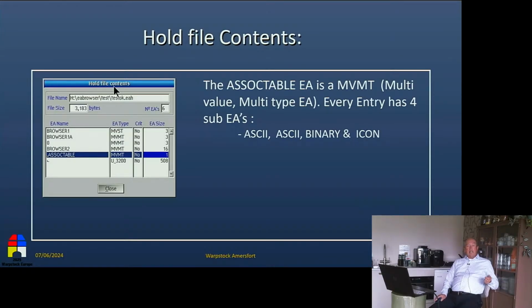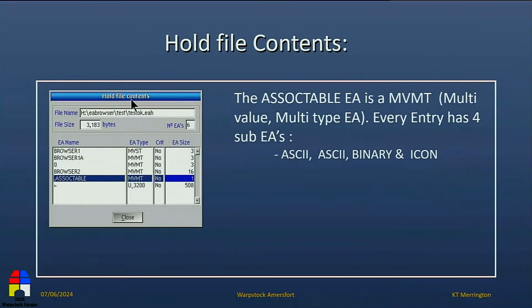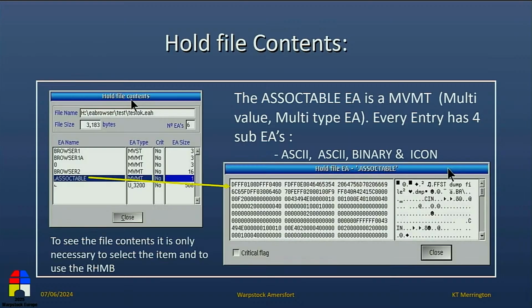As I said earlier, the ASOC EA, which is one of the main ones which has an MVMT, a multi-value, multi-type EA, always has 4 sub-EAs: ASCII, ASCII, binary, and an icon. If you use the right-hand mouse button, you can also immediately get the contents of that particular EA in the hold file.